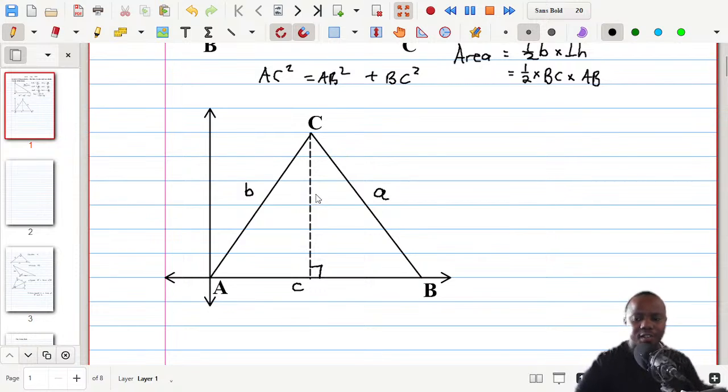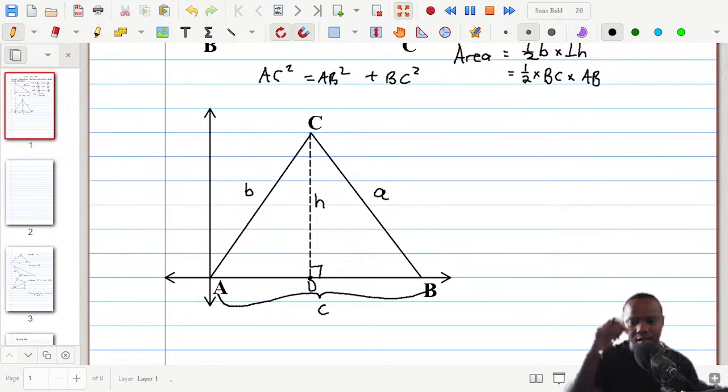I am going to call this H, and the point where it meets the x-axis, let me call this point D. Just remember that the C that we have here applies to the entire AB, not to just one portion of it. When we look at this diagram, we actually have two triangles. To be specific, we've got two right angle triangles.